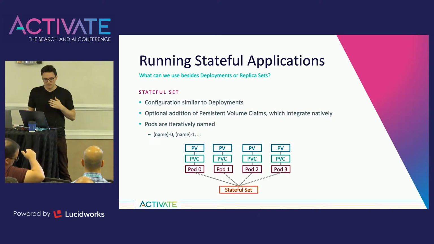So running stateful applications isn't just about the data. We talked about consistent addressability and identity. So stateful sets are a reimagining of replica sets and deployments, which let you use Kubernetes in a more stateful way, unsurprisingly.